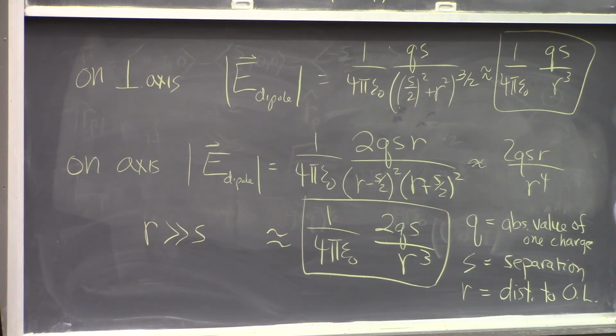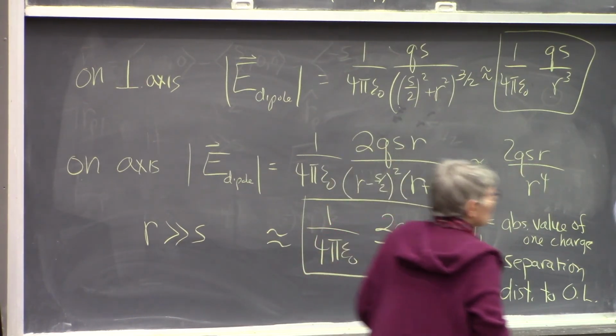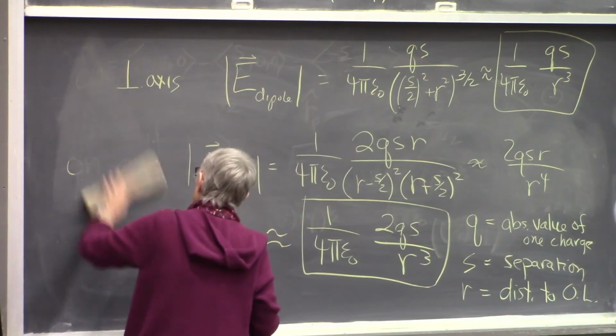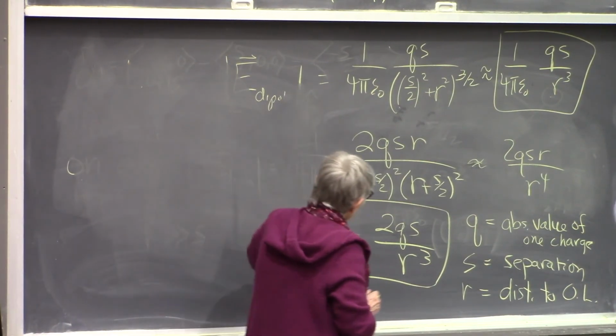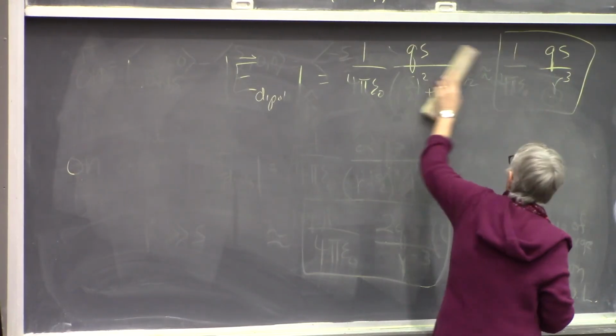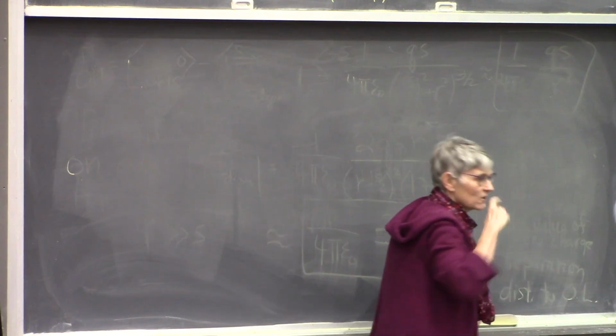So it's sort of interesting to think what would happen about forces in the dipole. One question we might want to answer is, what would the force exerted on a dipole by a point charge be?